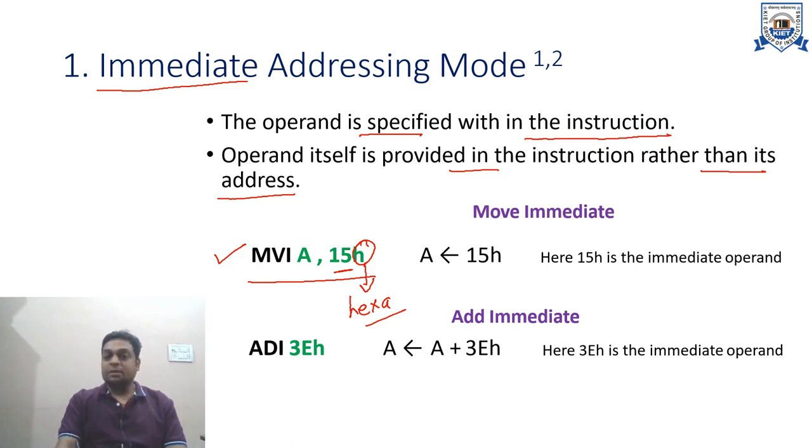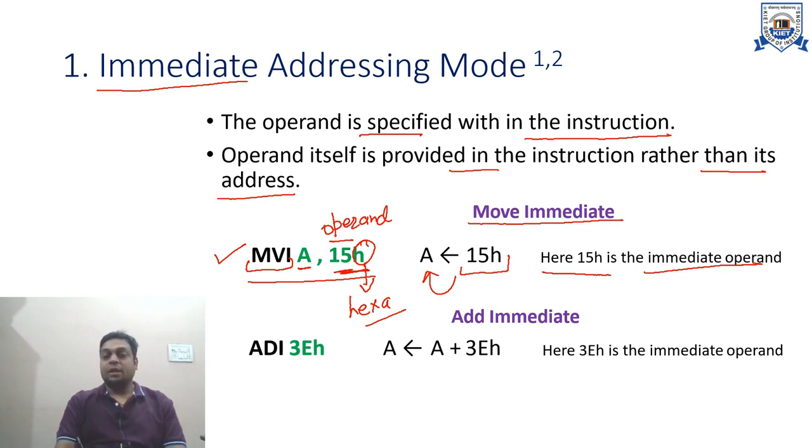A is a processor register. 15 is the operand, and MVI stands for move immediate. So this instruction means that 15H will be moved to A. Here 15H is the immediate operand, which is moved into register A.